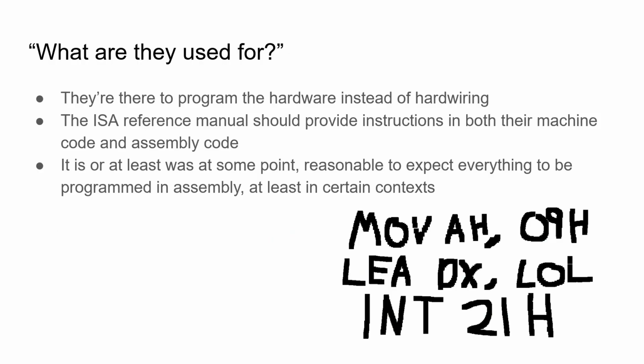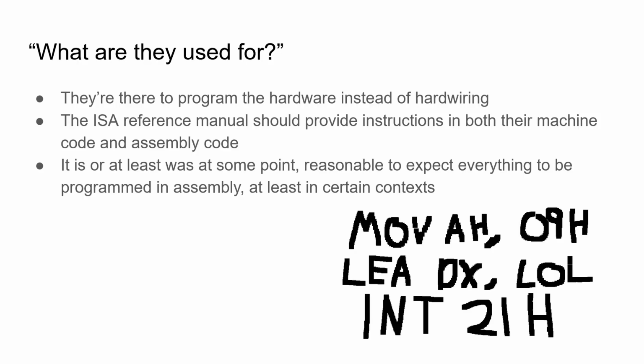What is an ISA meant to do? What is it supposed to be used for? Well, I'm glad you asked. You can design a chip to do exactly one thing and nothing else, and sell that, and that might be okay for some people, but most people want programmable chips.